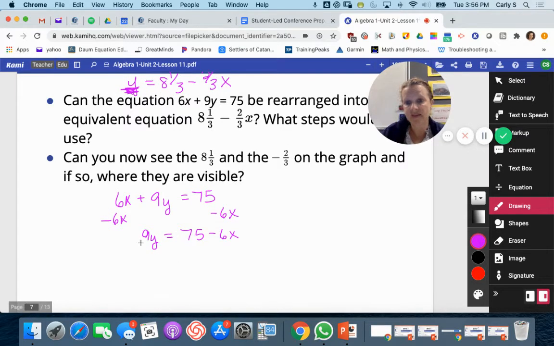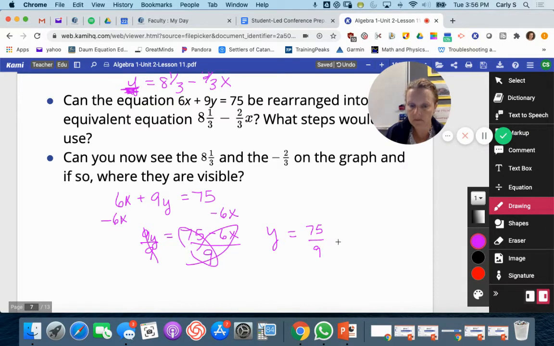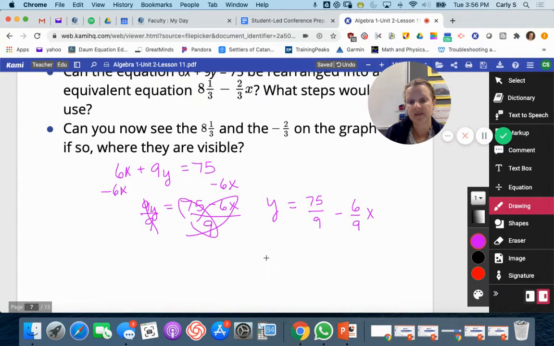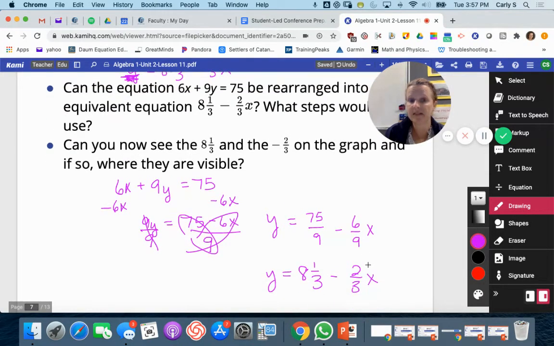And then I'm going to divide everything by 9. And just like in the warm-up, that means I have to divide that by 9 and that by 9. So y equals 75 over 9 minus 6 over 9x. So if I check my work, 75 over 9 is equal to 8 1/3, and 6 over 9 is equal to 2/3 x. All right, that's the steps I would use.